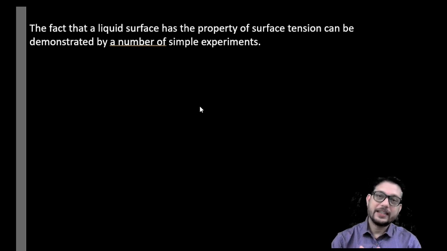In the previous lecture I explained what surface tension is and the reason behind its appearance on the surface of any liquid. It is a unique property, similar to elasticity in the case of solids.